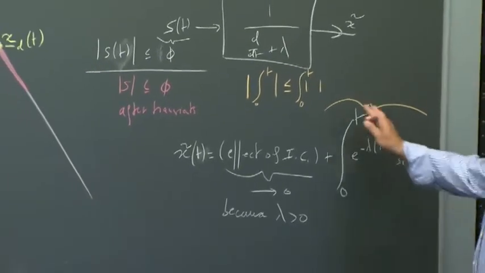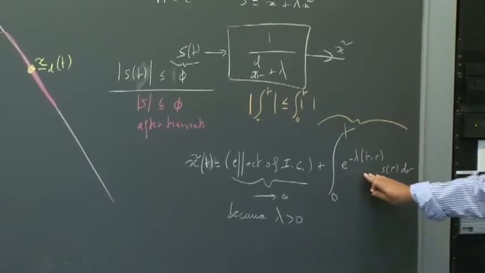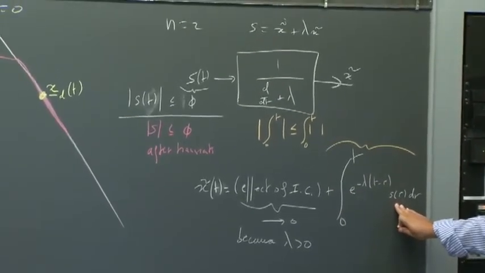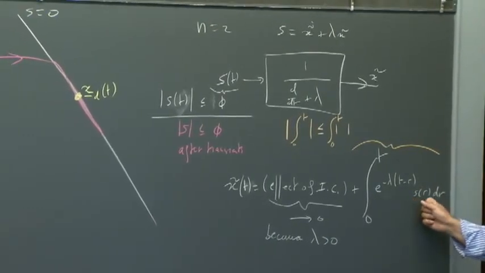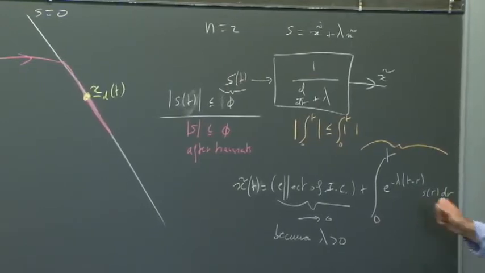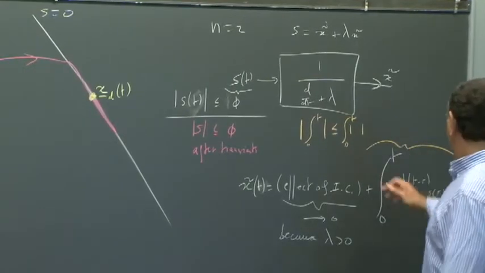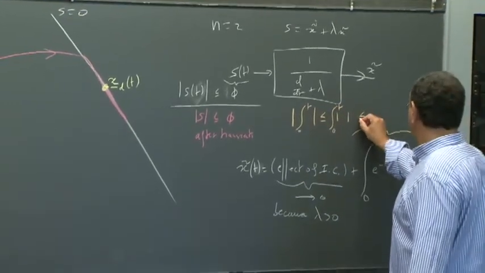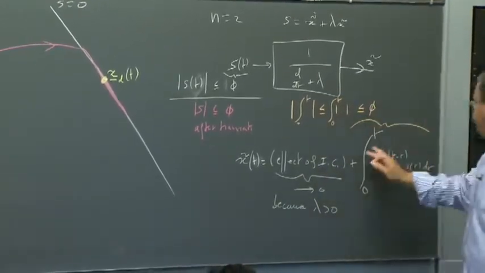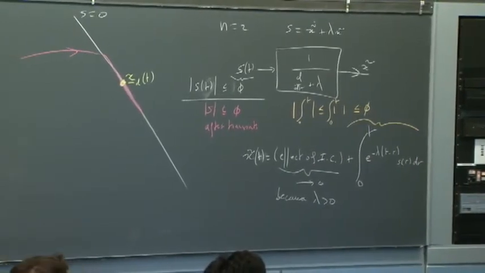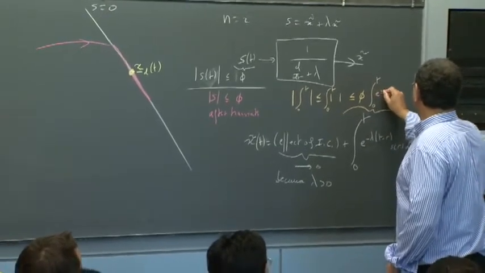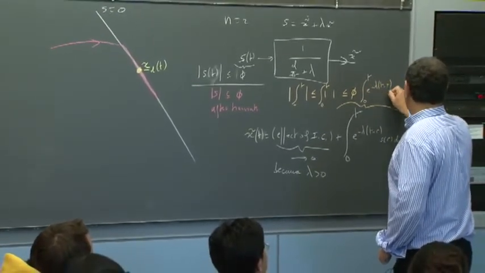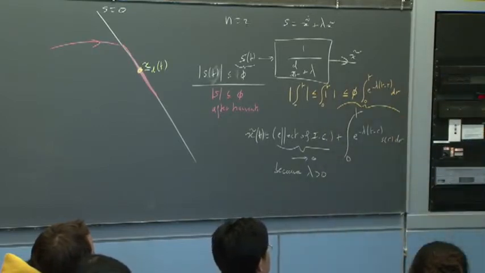Now, inside we have the product of this exponential times s of r. So the absolute value of the product is just the exponential, and the absolute value of s. Since the absolute value of s is less than phi, we can get this out of the integral. And we have the sum from 0 to t of e to the minus lambda (t minus r) dr. Everybody follows that, right?